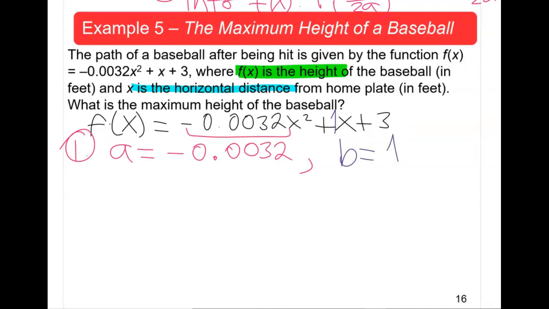Now we're going to use the formula negative B over 2A. And so that will be negative 1 over negative 0.0032. You notice we have two negatives. Oh, and actually, what am I doing? I did not use the 2 times A. I'm so sorry. I'm just excited because this is our last problem.